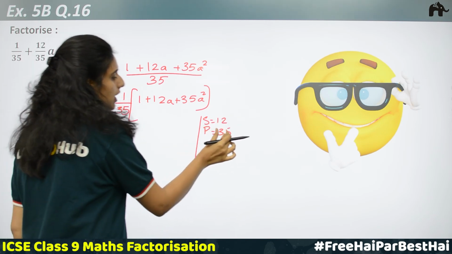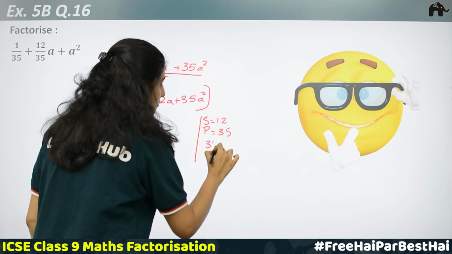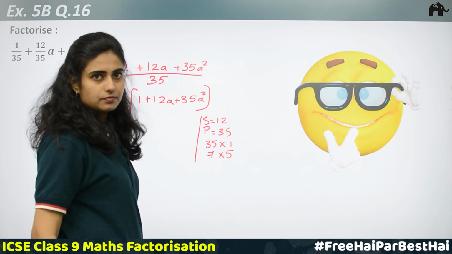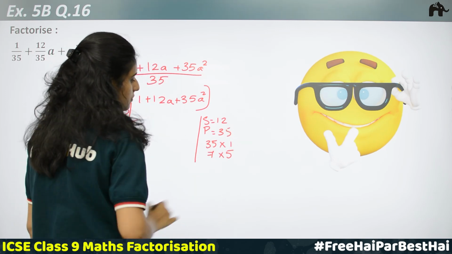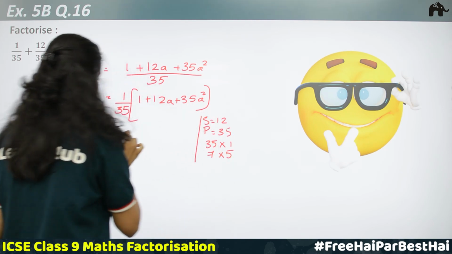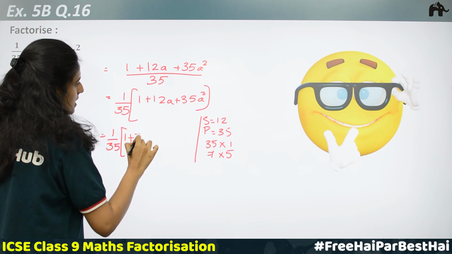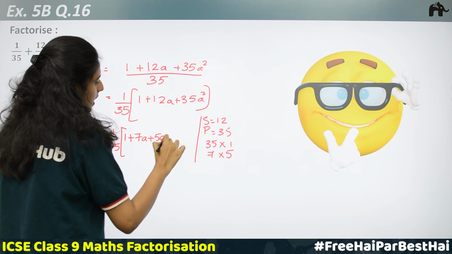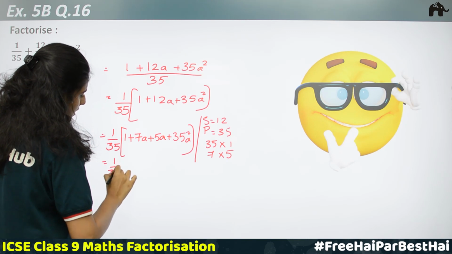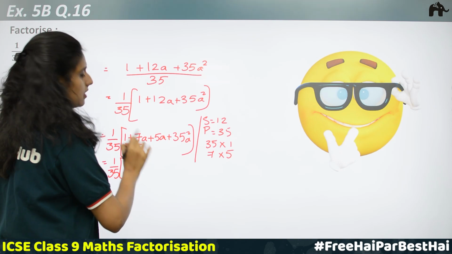Okay. Now, when do we get 35? Either it should be 35 into 1 or it should be 7 into 5. Okay. 7 into 5 is 35 and 7 plus 5 is equal to 12. So, you will be getting 1 by 35 into 1 plus 7a plus 5a plus 35a square. Now, when you group this, there is nothing common.